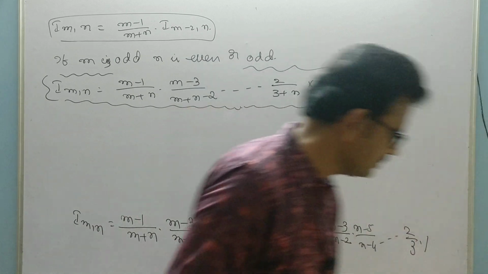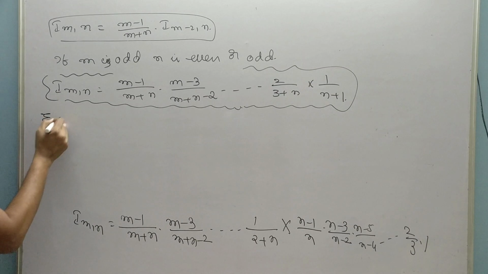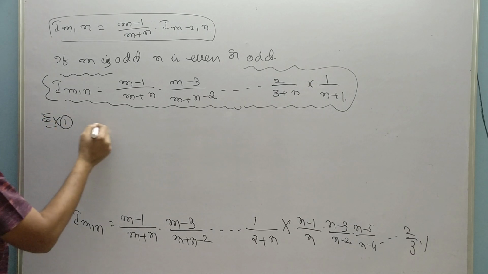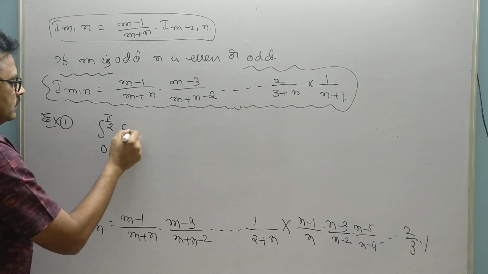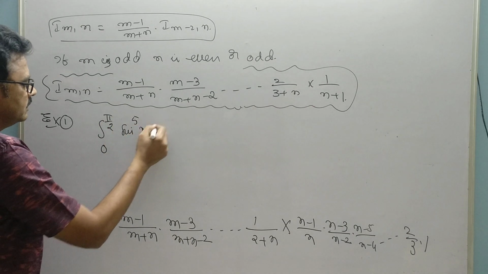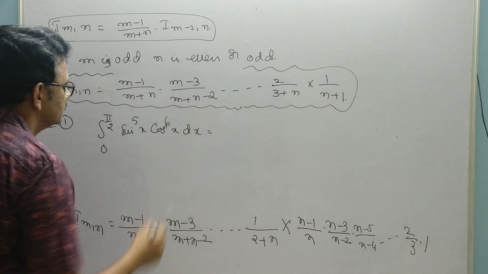So based on this, example 1: the integral 0 to pi by 2 of sin power 5x into cos power 6x dx is equal to.